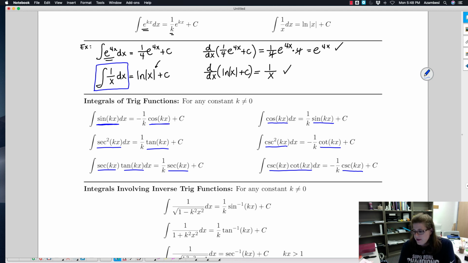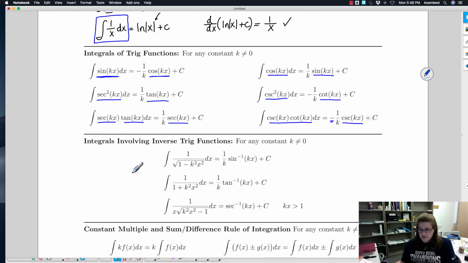So if you start with cosecant of kx, then the derivative of that is negative cosecant cotangent, so you pick up a negative in the reverse way. If you're doing inverse trig functions, if you start with something that looks similar to these, then you should be thinking inverse trig function, and we'll practice some of those on Thursday.